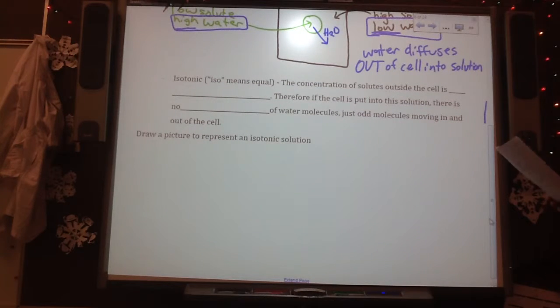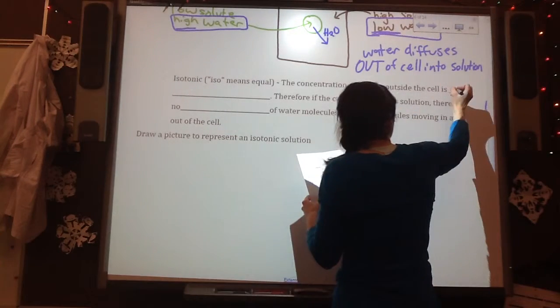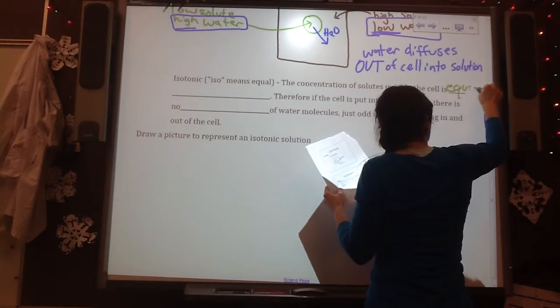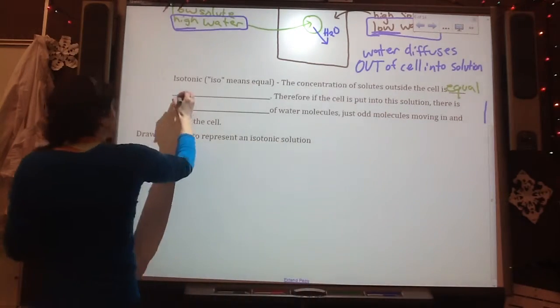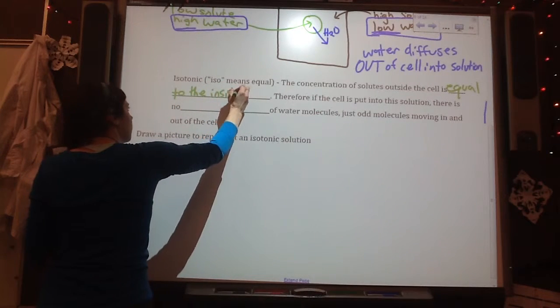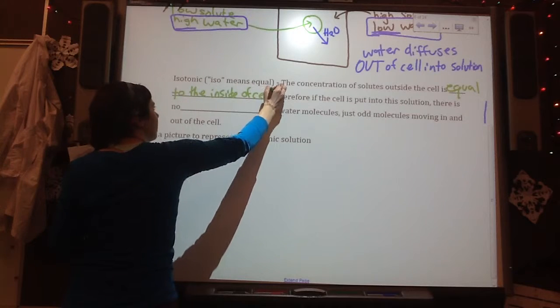So the concentration of the solute outside the cell is equal to the inside of the cell.